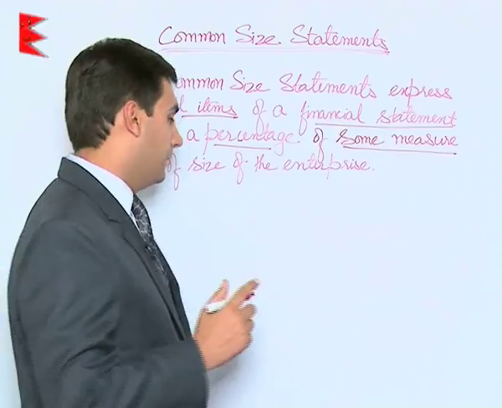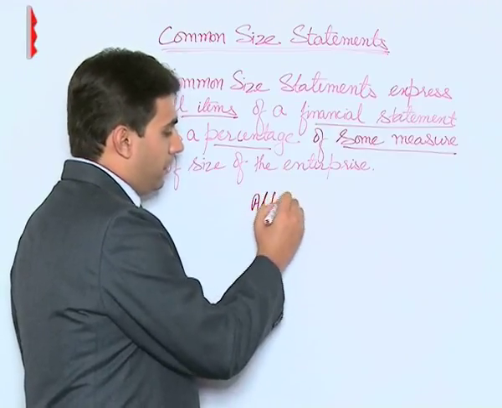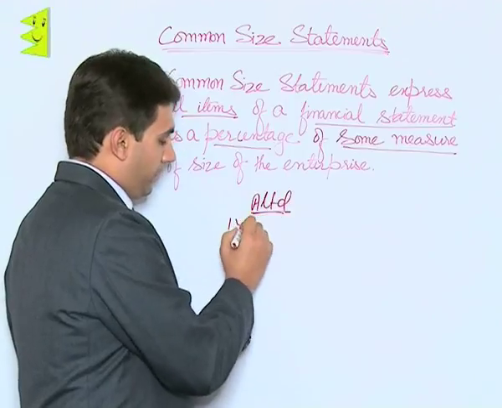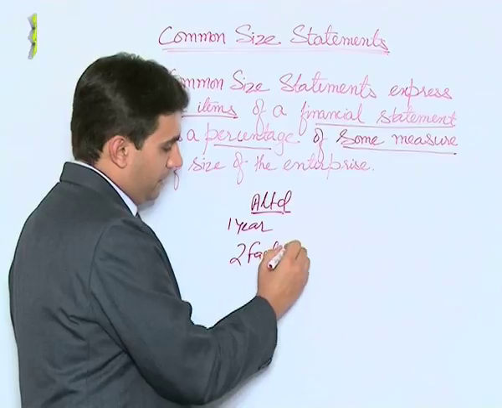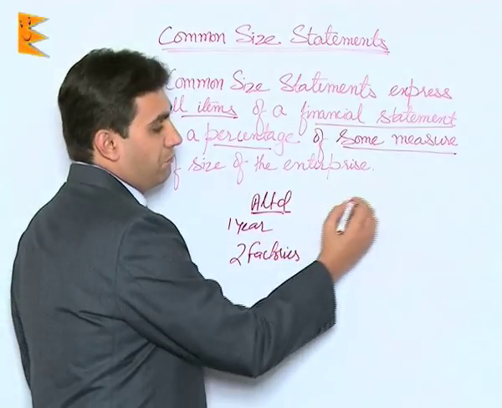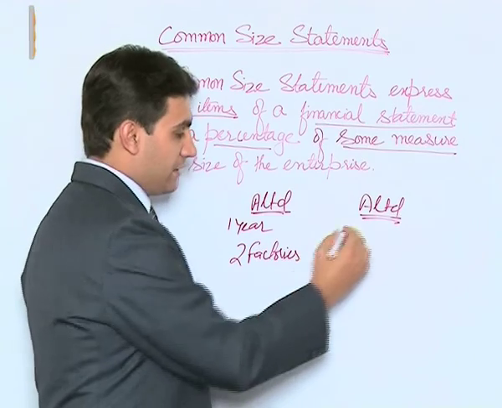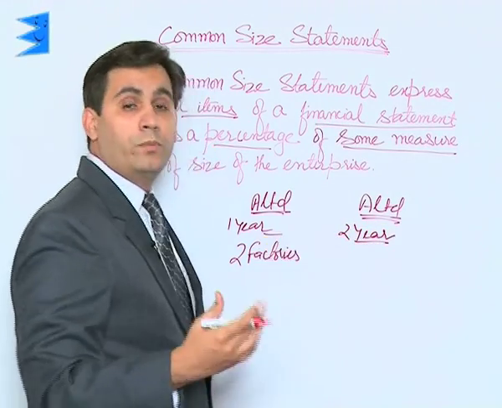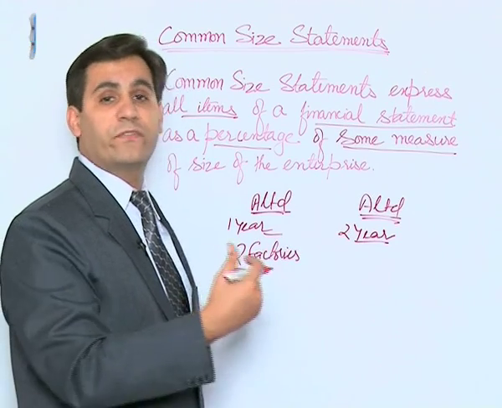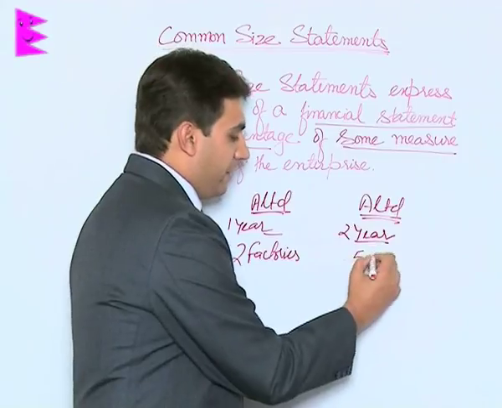For example, let's say A Limited in the first year had 2 factories. Now in the second year, A Limited managed to acquire a new business, or the business of some existing firm, because of which it now has 5 different factories.